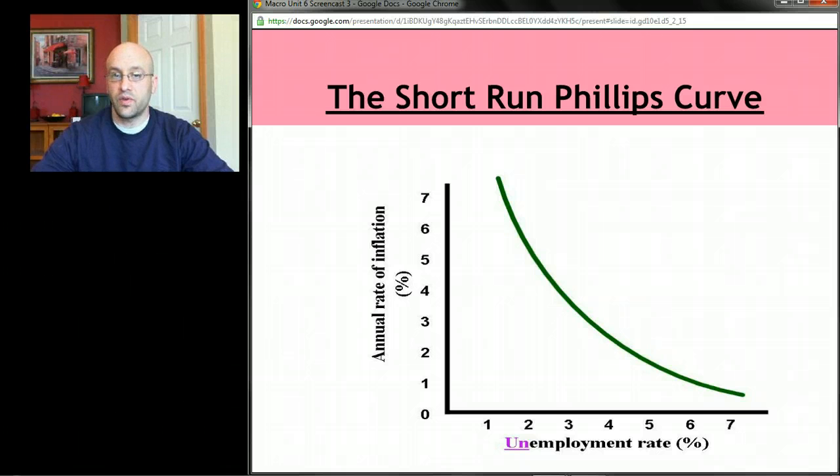Now the axes of this graph look very similar to the axes of the aggregate demand, aggregate supply graph. In fact, the y-axis is pretty much exactly the same. Before, on the ADAS graph, we called that price level. Here we're simply going to call it inflation, but realize that that's basically the same thing. On the x-axis, it looks the same, but it's slightly different.